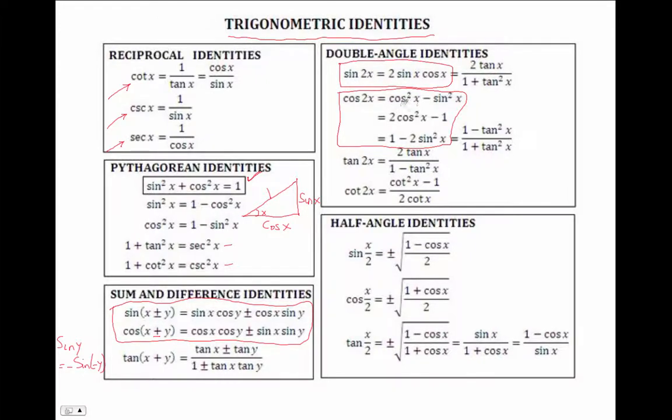Otherwise, just remember the first line of this. Cos 2x is cos squared x minus sine squared x. And here you can put sine squared x is equal to 1 minus cos squared x and get the second form. Or you can put cos squared x equals 1 minus sine squared x and get the third form.